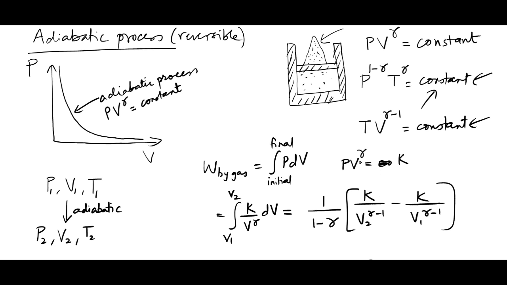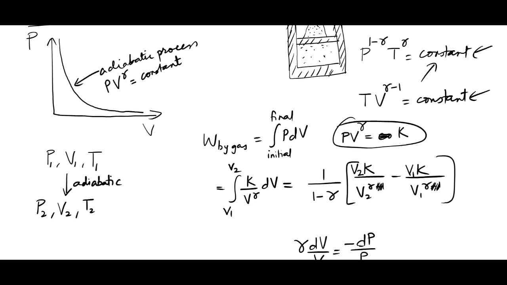Now from this equation, K divided by V raised to gamma is equal to P, and I've got K upon V2 raised to gamma minus 1. So I'll bring V2 raised to gamma in the denominator by multiplying this by V2, and obviously this 1 will go away, and likewise you multiply this by V1 and make this 1 go away.